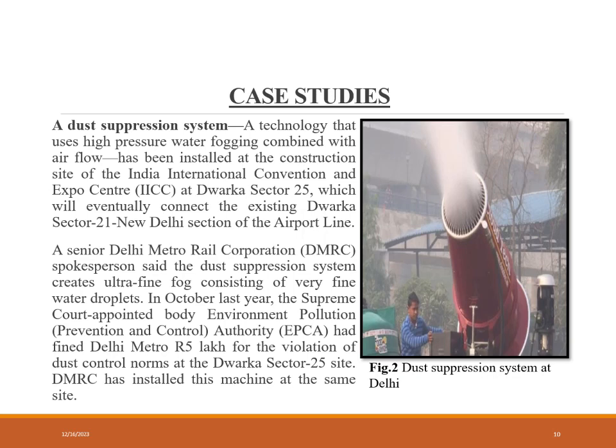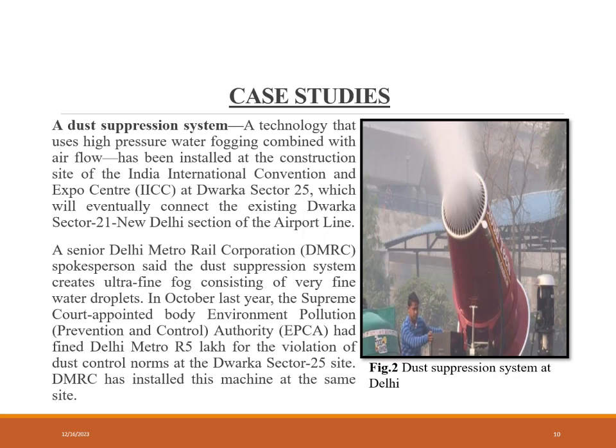Now I am discussing our first case study. A dust suppression system, a technology that uses high pressure water fogging combined with airflow, has been installed at the construction site of the India International Convention and Expo Centre (IICC) at Dwarka Sector 25, which will eventually connect to the existing Dwarka Sector 21 New Delhi section of the airport line. A senior Delhi Metro Rail Corporation (DMRC) spokesperson said the dust suppression system creates an ultra-fine fog consisting of very fine water droplets.